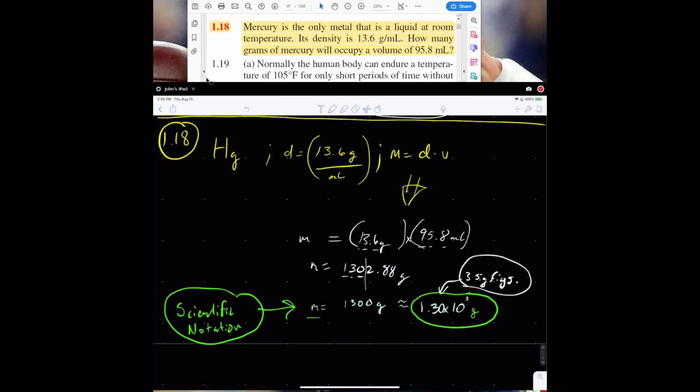Just as I was trying to state the importance of sig figs, I forgot it myself when I was saying that the answer was 1.3. One could argue, oh, well, there's no difference between 1.3 times 10 to the third power and 1.30 times 10 to the third power. Well, in this case, with the scientific notation, we have to remember both significant figures and scientific notation. So there is an importance behind it.